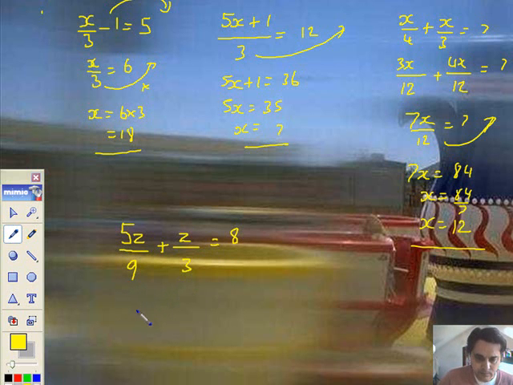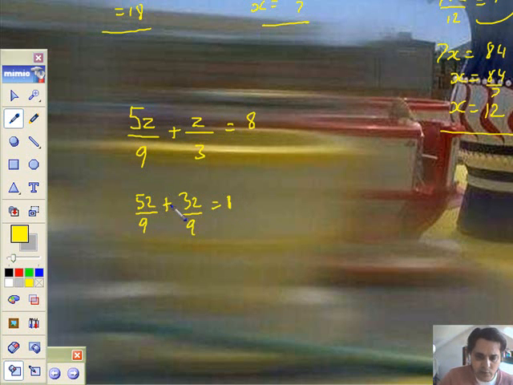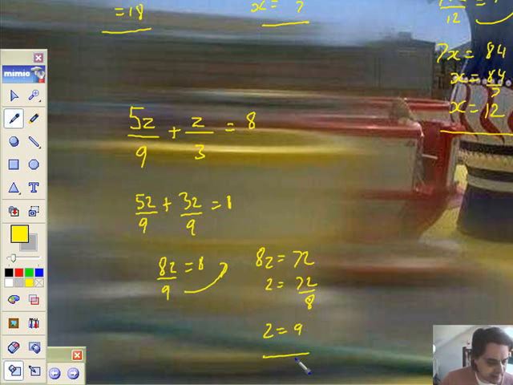So I've got 5z over 9, leave them alone. Multiply this top and bottom by 3, so I've got 3z's over 9, that makes 8 z's altogether, divided by 9 is 8. Take the 9 next door. 8z's is 72, 8 9s are 72. So when I divide by 8, I should get an answer of 9, shouldn't I? z is 9, that's done.